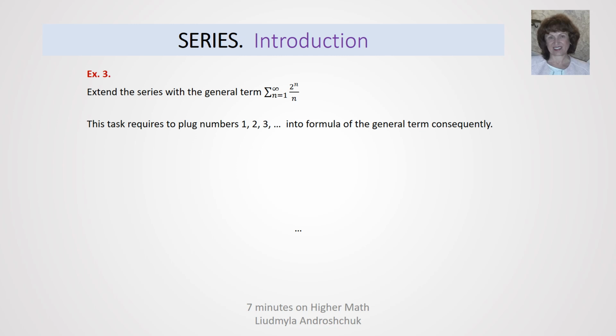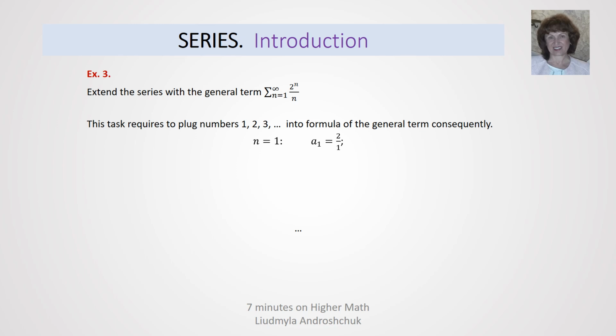And one more example. A series is given in brief form. We need to write this in extended form. This task requires plugging the numbers 1, 2, 3, and so on into the formula of the general term. Let's take index n equals 1, so a sub 1 equals 2 over 1.